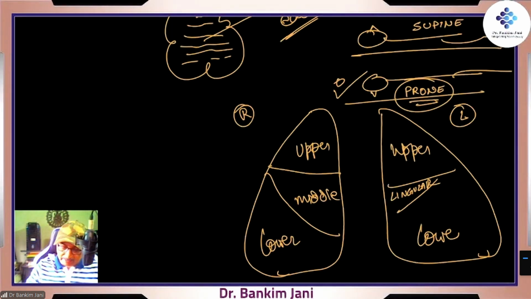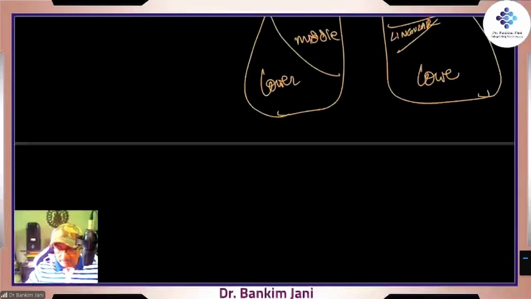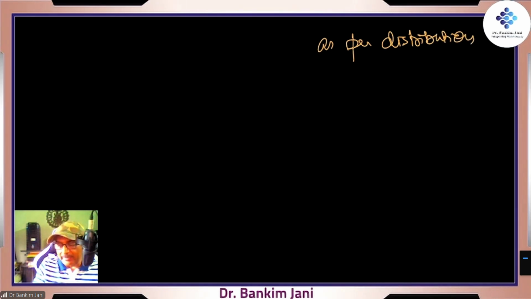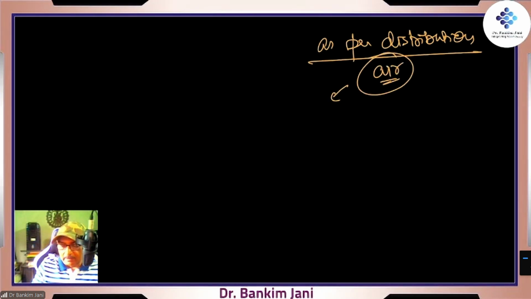Now, these are the anatomical lobes. But truly speaking, if we draw one that is bigger and simply divide it as per distribution, as per the way the air gets distributed, the zones are created.